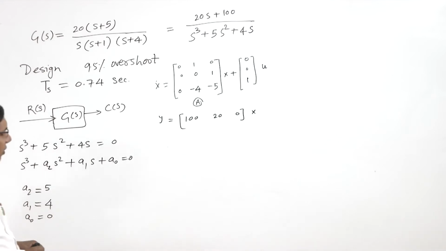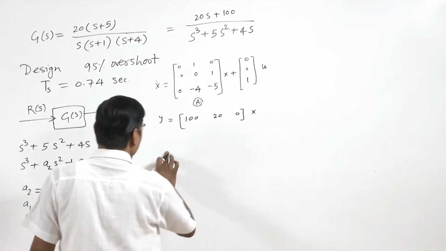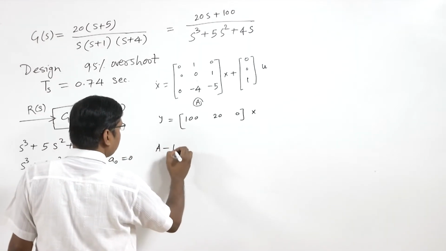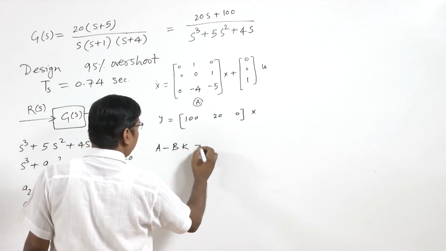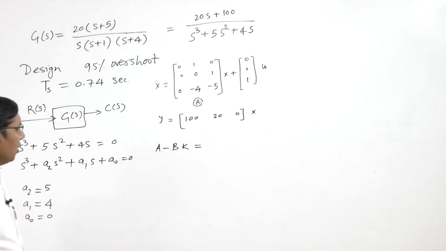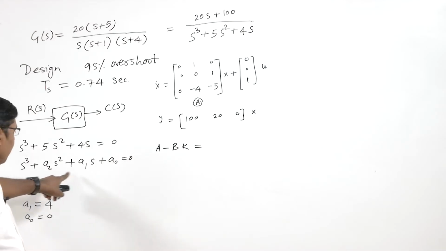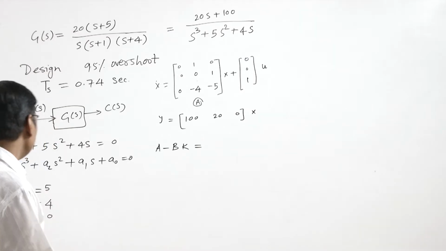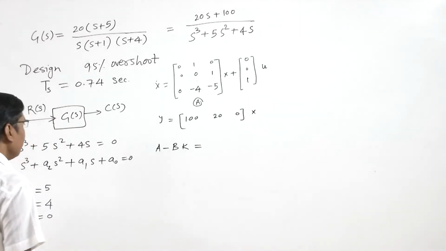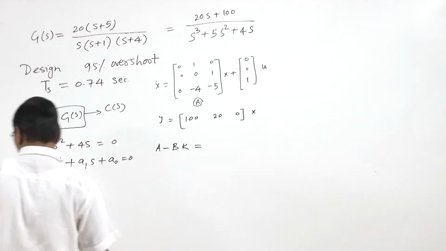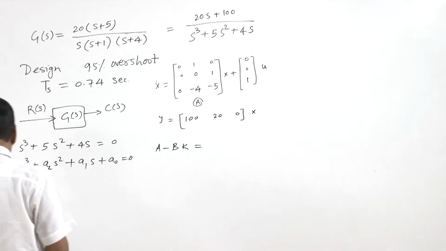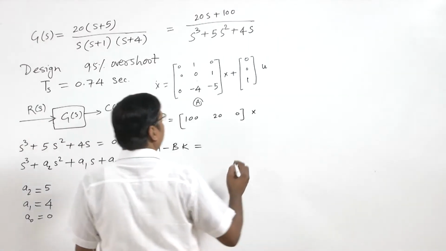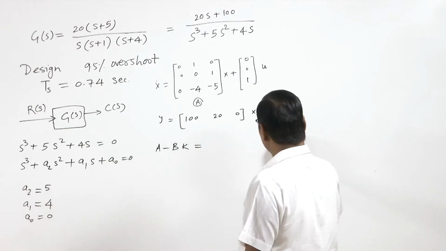Now if we write A minus BK matrix, because we assume that there are three coefficients a1, a2 and a0, we need three k values, so K equal to k1, k2 and k3.